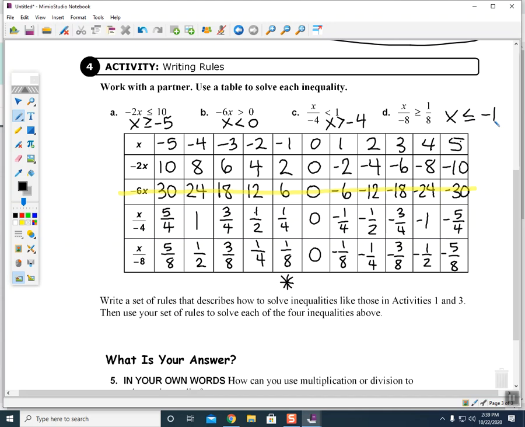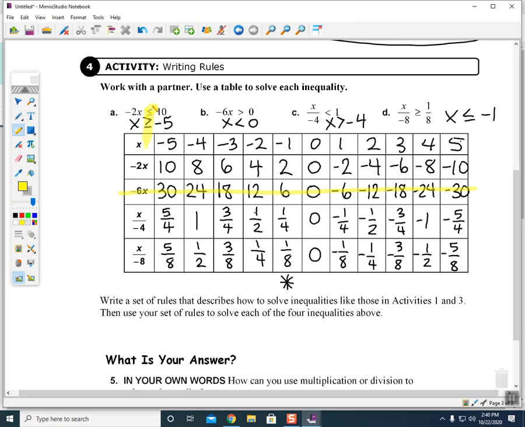Now, we need to try to figure out a pattern that's happening here, right? So let's start with letter A. My inequality was -2x is less than or equal to 10. But my solution is x is greater than or equal to -5. So what happened between my inequality and my solution? Well, if you notice, the sign changed.